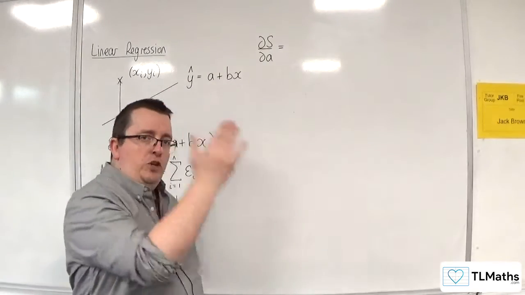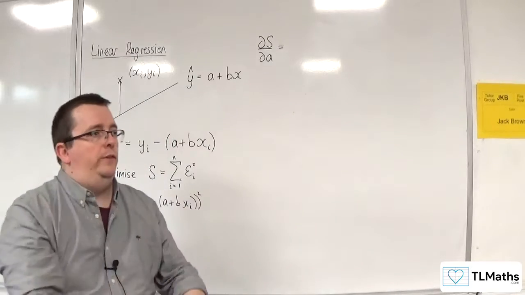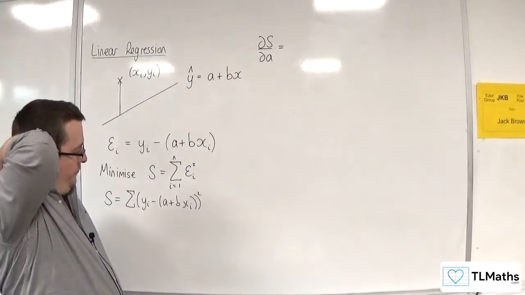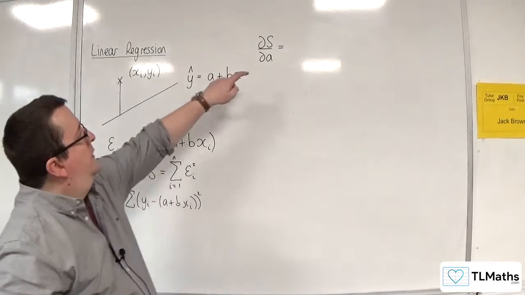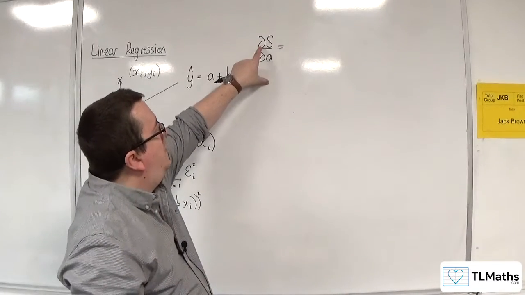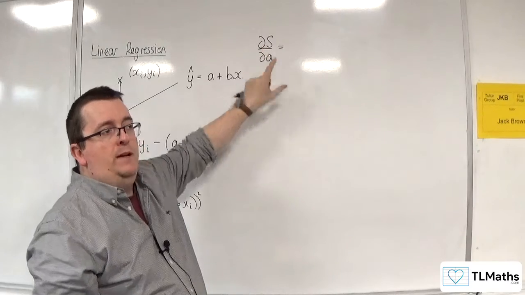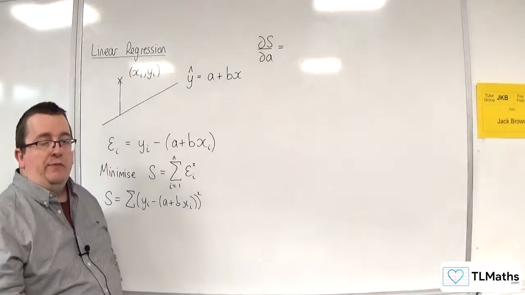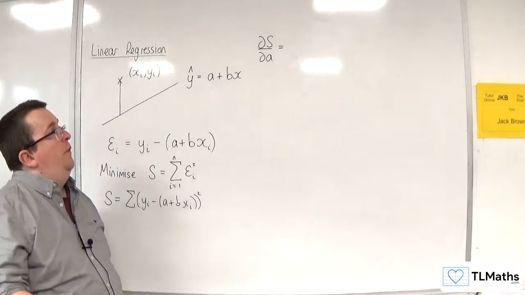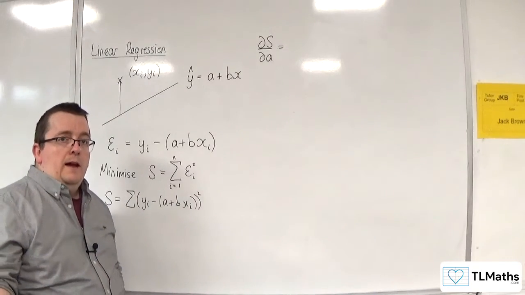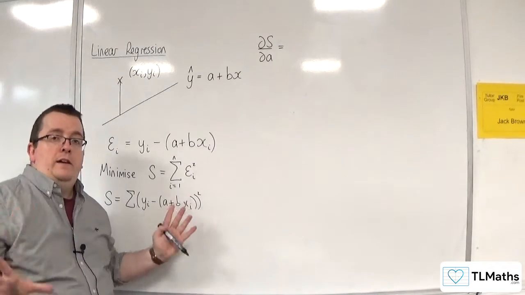You're looking at differentiating with respect to different directions in a 3D surface. So we use this symbol here to represent a partial derivative rather than using D. Okay, but for the purposes of this, if you just want to have ds by dA and ds by dB, it's not really going to hurt you at this point.